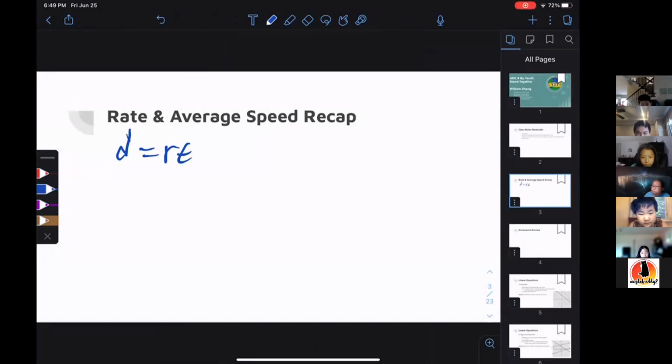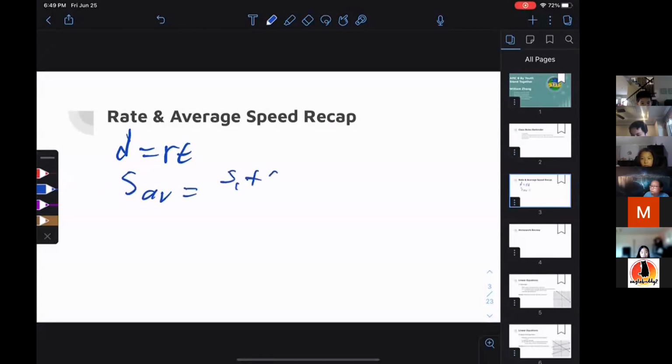And then we also discussed average speed, and a lot of people still got confused that average speed, or S average, is equal to the average of two other speeds. But that's not the case. It's the harmonic mean of the two speeds, given that the distances traveled are equal, which is 2 s1 s2 over s1 plus s2.